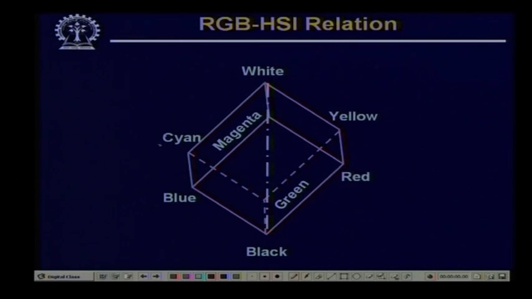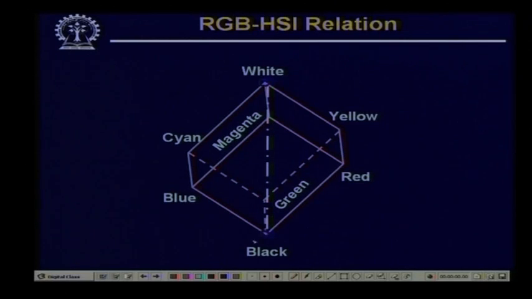It is the same RGB cube, and we have simply reoriented it so that the black comes at the bottom and the white comes directly above the black point.